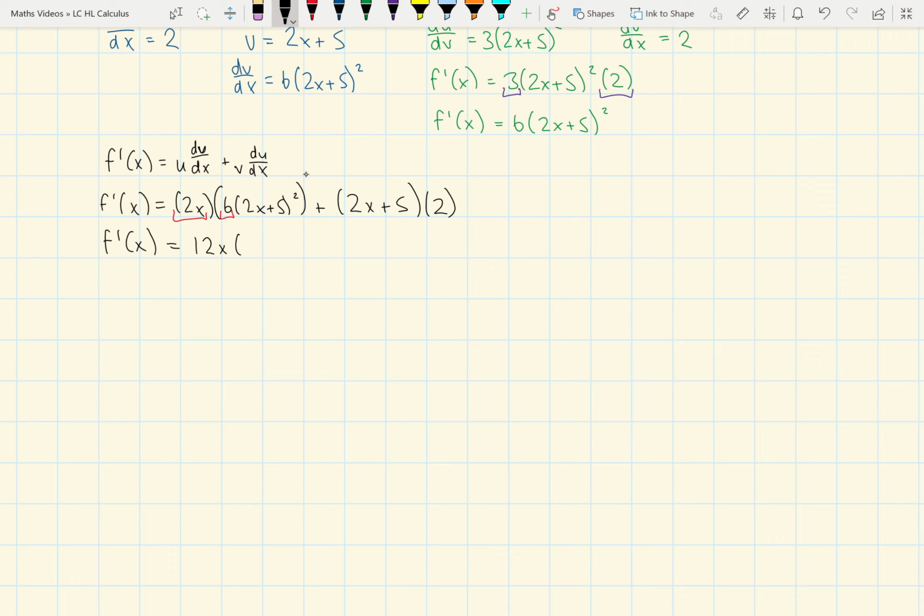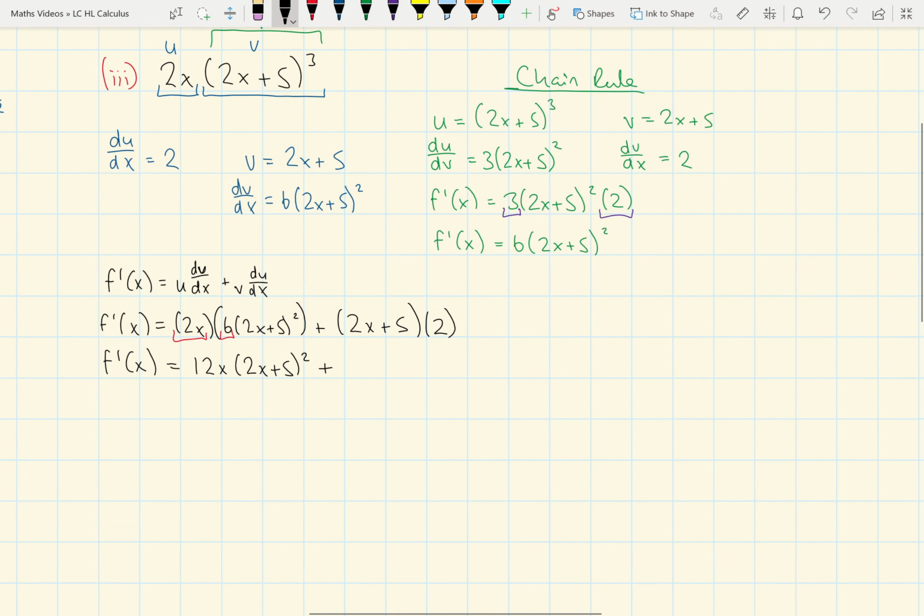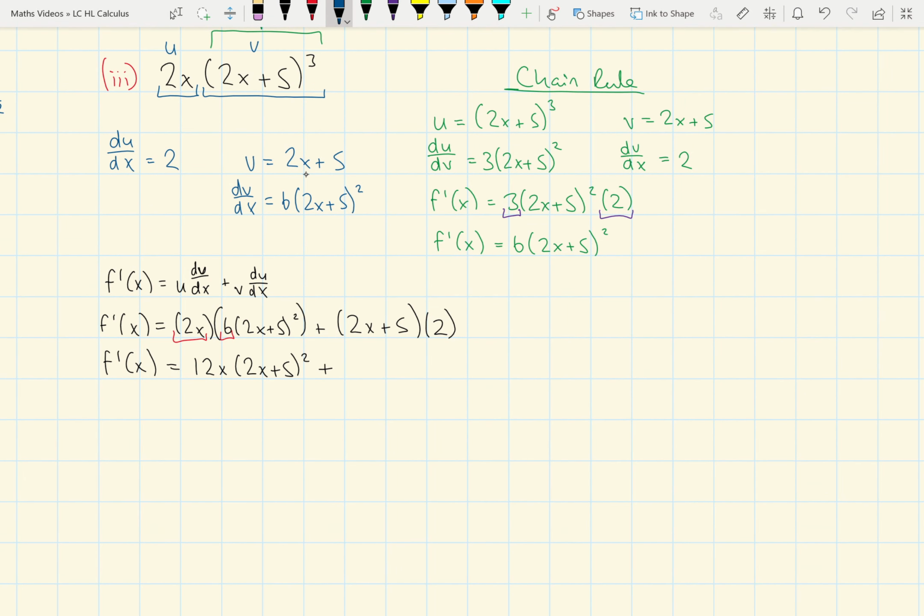So we get 12x bracket 2x plus 5 squared plus, and this second bracket I can leave as is. Sorry, for v here it should be 2x plus 5 cubed. So at the end we'll just have 2 bracket 2x plus 5 cubed. And that's us done for part 3.